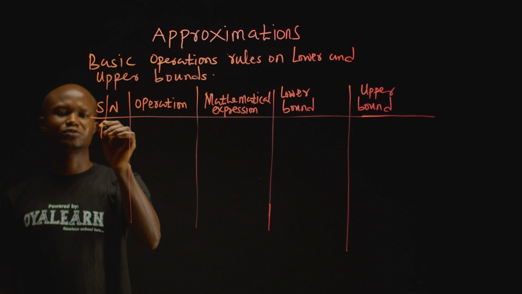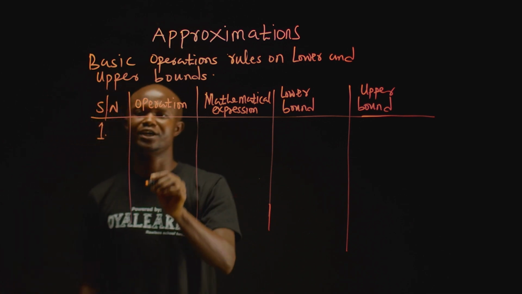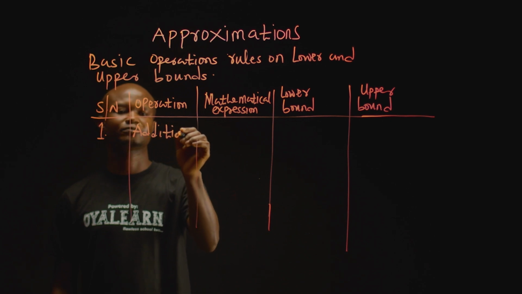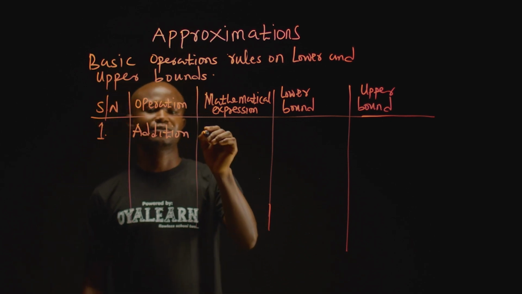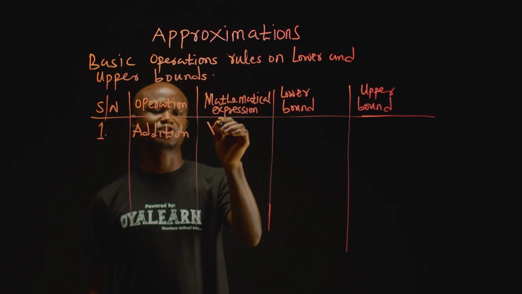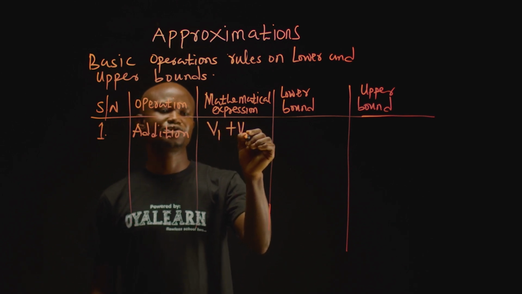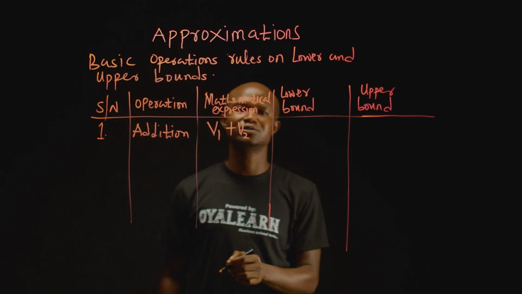Now the first one, the first operation is addition. We can have a mathematical expression of the form V1 plus V2. That is first value plus second value.